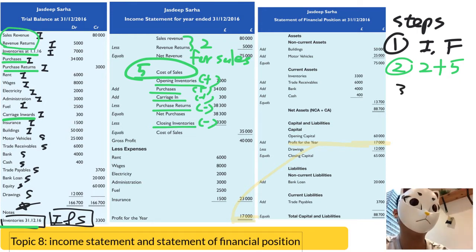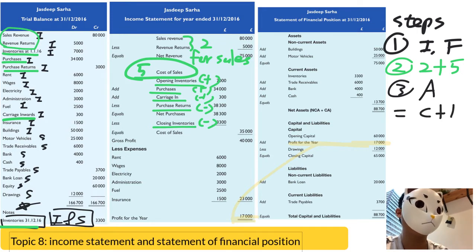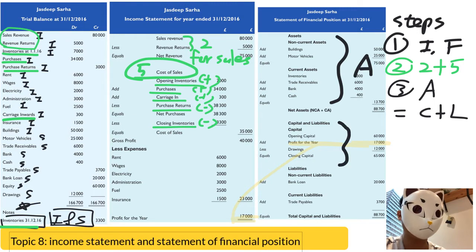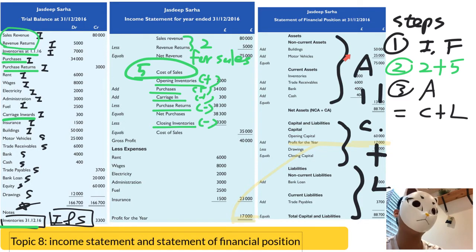The formula is assets equal to capital plus liabilities. So you can see that indeed this one is the assets, right? This one is the capital, and this one is the liability. So indeed assets equal capital plus liabilities.